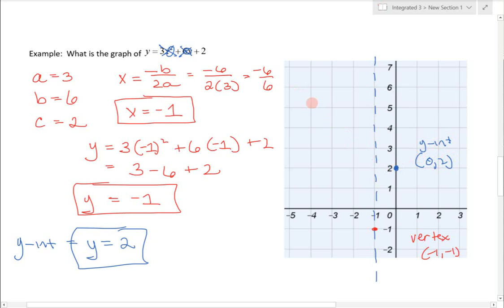So if that's my y-intercept, what is the point on the other side of my line of symmetry here that I need to graph? Negative 2, 2. And once you have that, and I'm terrible at this, you then use a smooth curve the best you can to intersect those things.